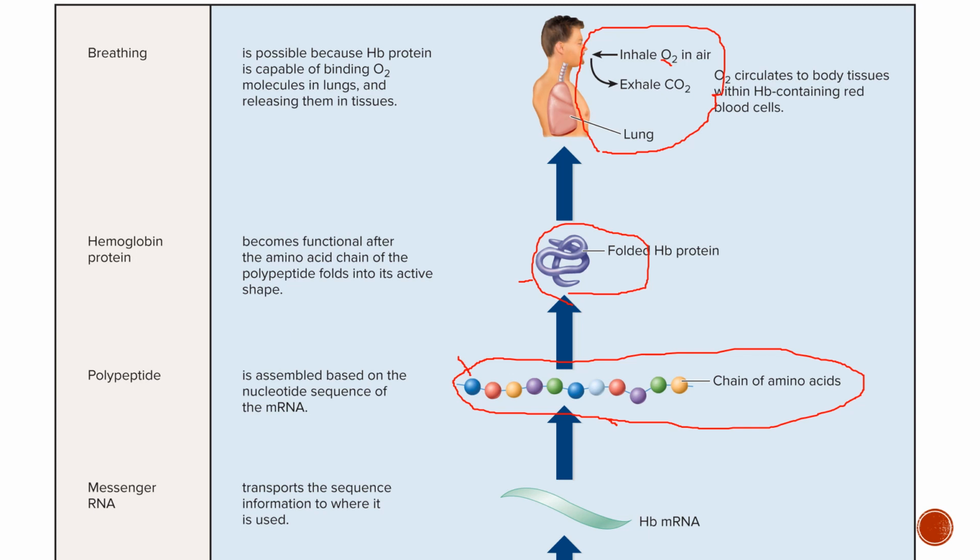Again, if there's a mutation like sickle cell anemia and that gene gets messed up, now our amino acids get messed up, and that can affect the protein, which is what happens with sickle cell anemia. So that gene expression is how our genes determine our traits, how genotype determines phenotype.